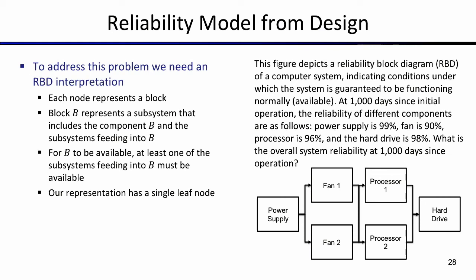So these RBDs have different interpretations, and we're going to use a very simple one. We have different blocks, and for instance, we have the power supply, two fans, two processors, and one hard drive.